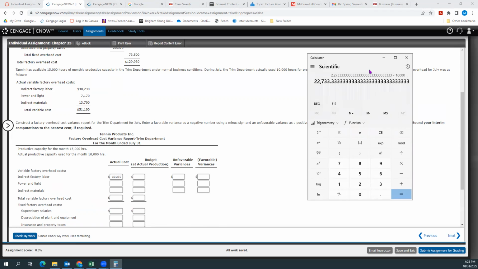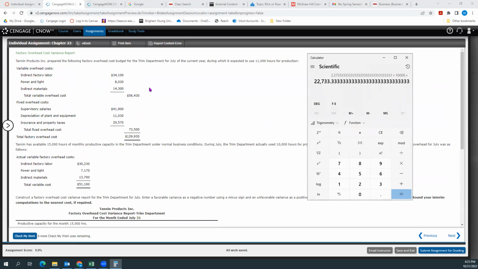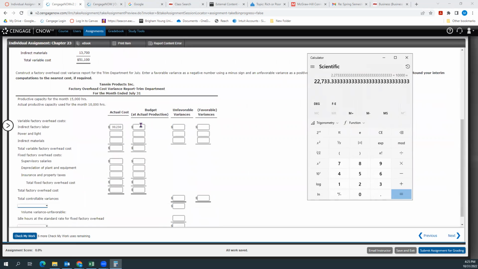So if we budgeted $2.273333 per hour of production, and we made our budget based on 15,000 hours, then when we put our budget at the actual production, we're going to be using that same 2.273333 per hour, but multiplying that by the actual 10,000 hours we did.